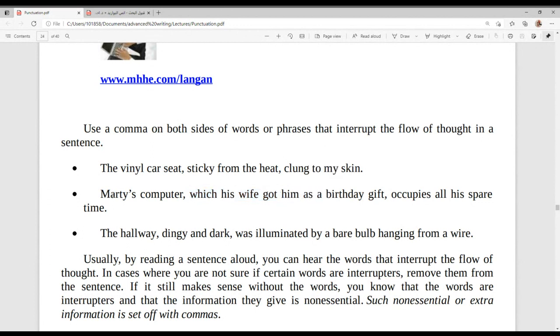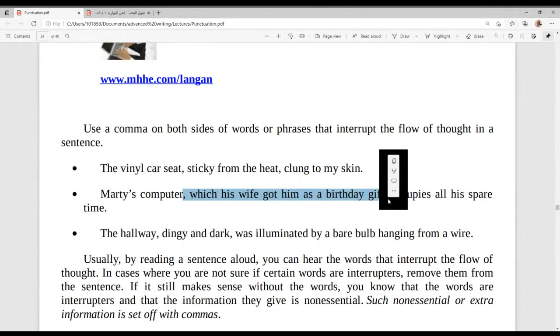Again here: my computer, which his wife got him as a birthday gift. If you look at this information, it is a non-restrictive clause, and it comes between two commas.